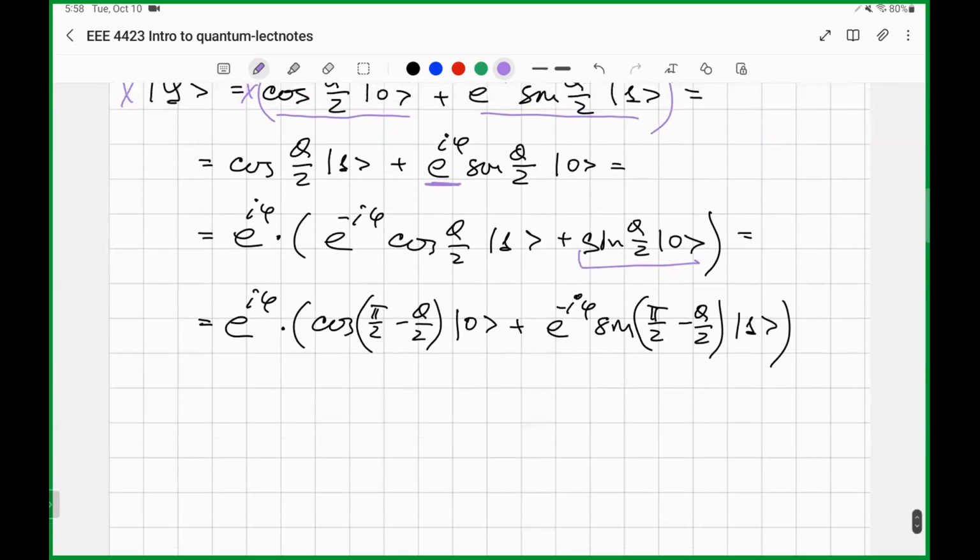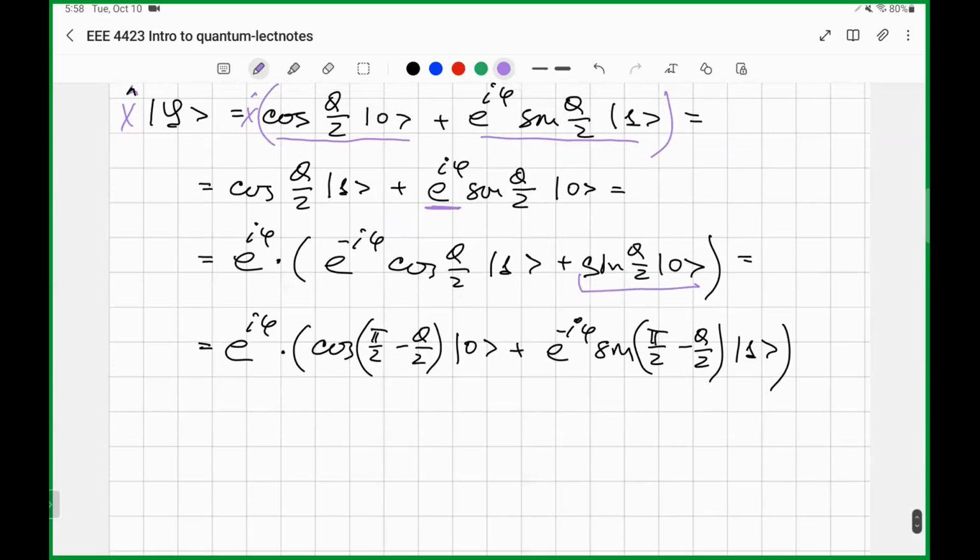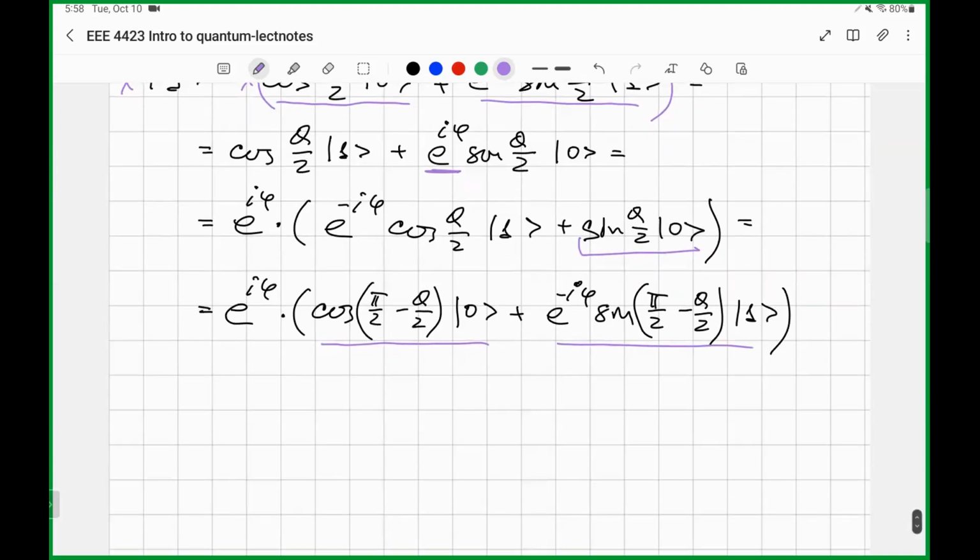Okay, and the result of this X gate is again the sum of the two, state 0 with cosine plus state 1 with some sine, with some exponential function.